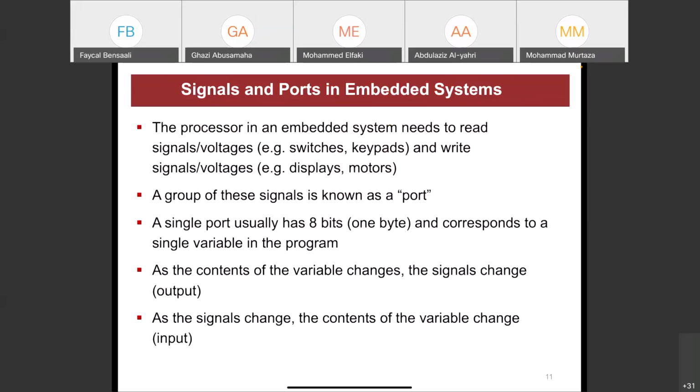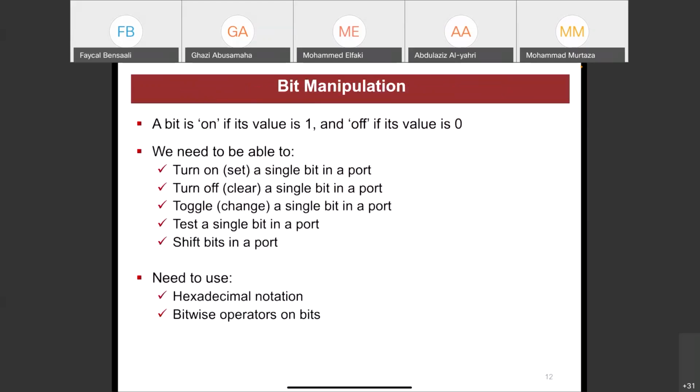Now, to do bit manipulation, we need to use some operators, called bitwise operators, and those will help us do these operations. Of course, we know if a bit is on, its value is 1, and off, its value is 0.